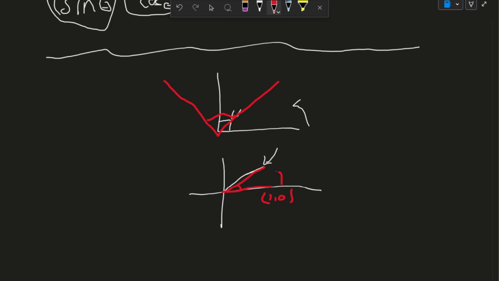When I move (1, 0) to wherever it ends up, if (1, 0) ends up here, then the other vector has got to end up here, and this angle has got to be the same as it was here.